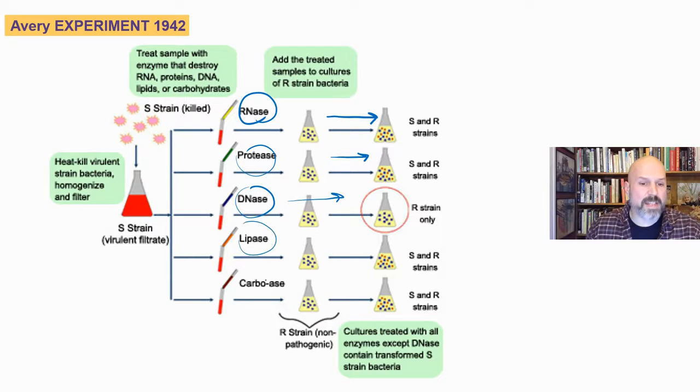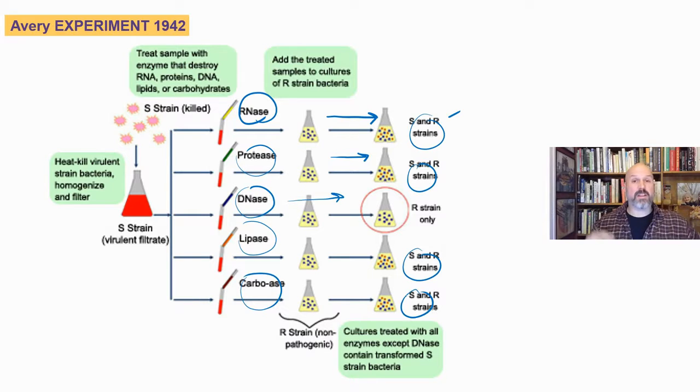So he breaks down all of the major organic compounds in separate experiments. And in each of these, all of them cause the mice to die except the one that had the DNA of the S strain destroyed.